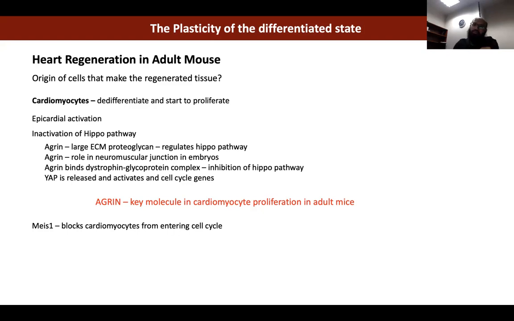The genetic mapping experiments showed that the origin of cells in the mouse in the postnatal life and during the regeneration were also cardiomyocytes, which first de-differentiated and then started to proliferate. If you remember, we learned during muscle differentiation that it was very important for muscle cells to stop cycling in order for them to differentiate.